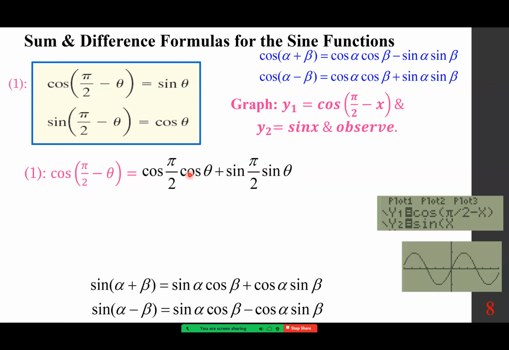And everybody knows cosine of pi over 2 is 0, sine of pi over 2 is 1, and that's the proof that cosine of pi over 2 minus theta is sine theta. So that's the first identity.